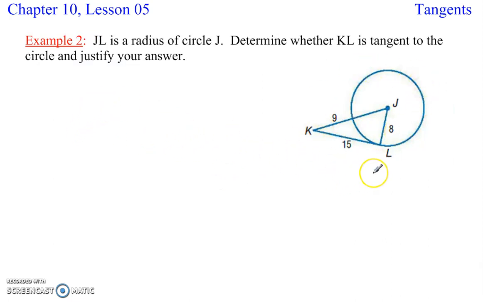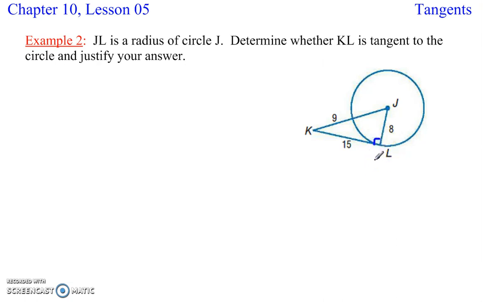Alright, here we have a problem using this. So it says that JL is the radius. We need to determine whether KL is tangent to the circle. Okay, so remember, if it is tangent, then it would be at a right angle to the radius. So that's what we're going to have to look for. Determine whether this is a right angle.